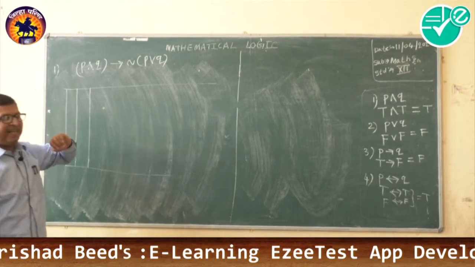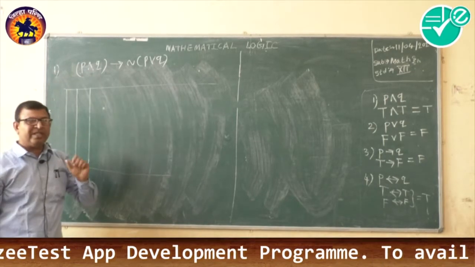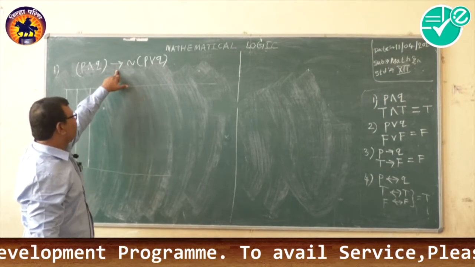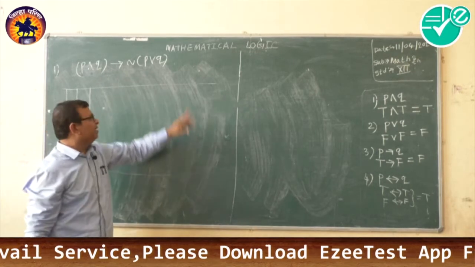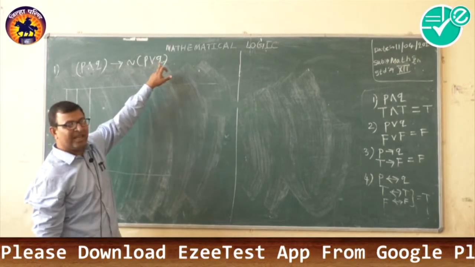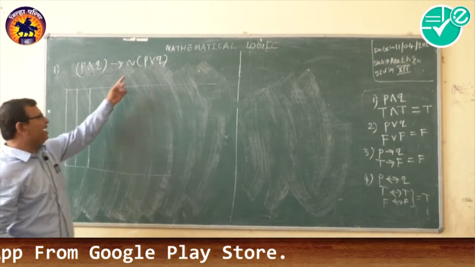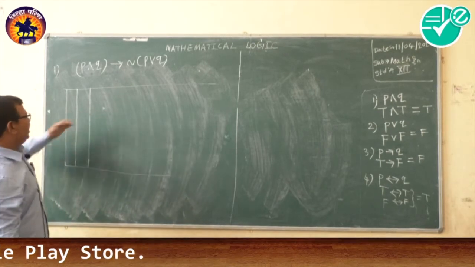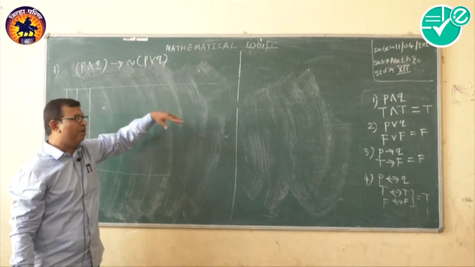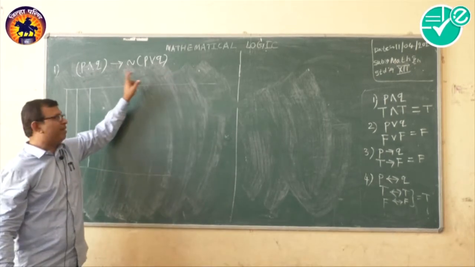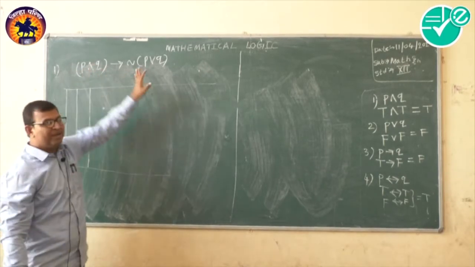We will see the first bracket, P conjunction Q. After this, there is the sign of implication. In the second bracket, they have given P disjunction Q, but after it they have negated it. So we have to solve P conjunction Q and negation of P disjunction Q, and then do the implication of the first bracket to the second bracket.